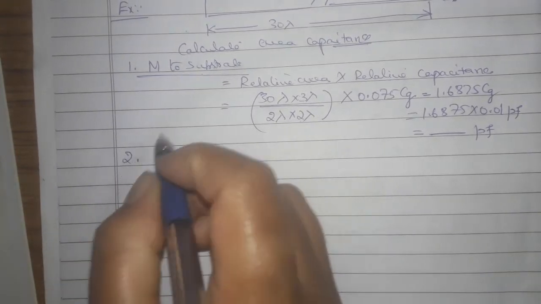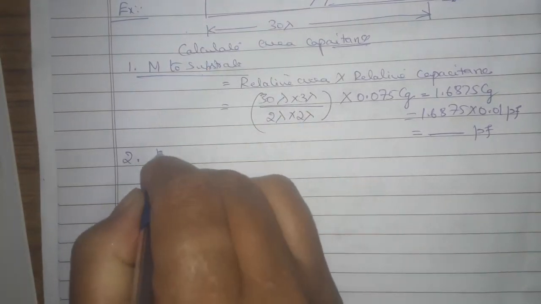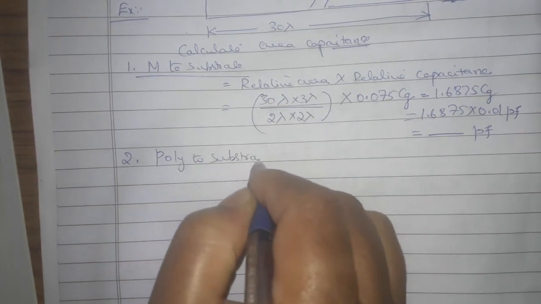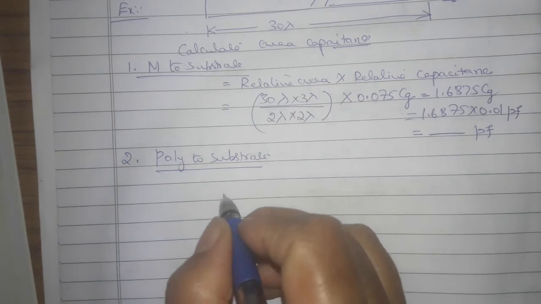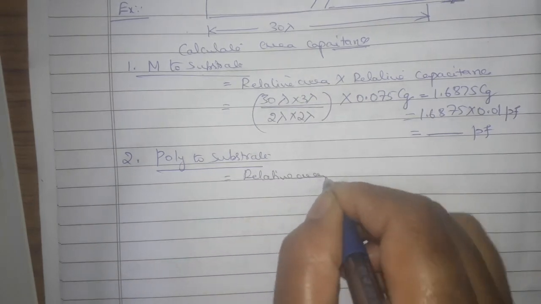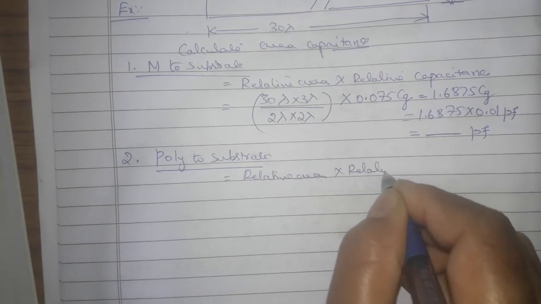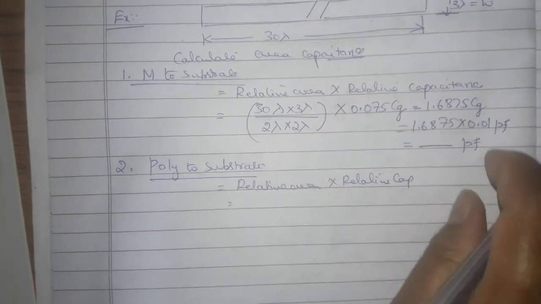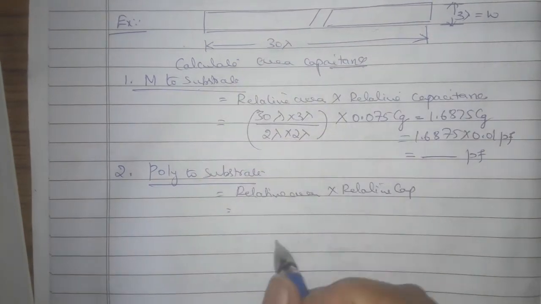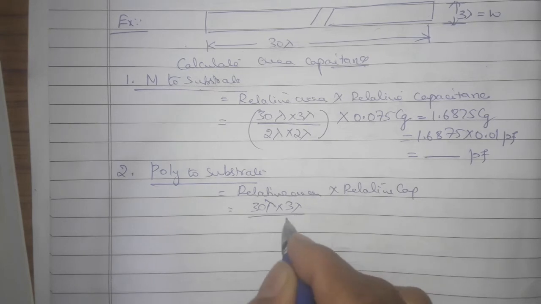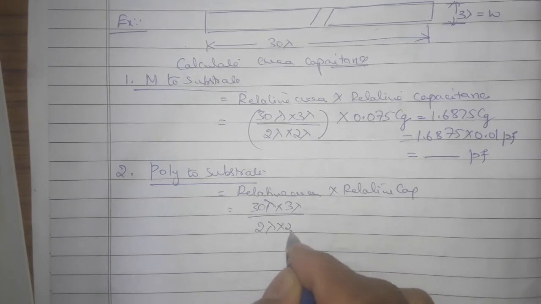Second, if I assume this layer to be polysilicon, poly to substrate, then again it is relative area into relative capacitance. The relative area remains the same because it is the same layer under consideration. So 30 lambda by 3 lambda divided by 2 lambda by 2 lambda.